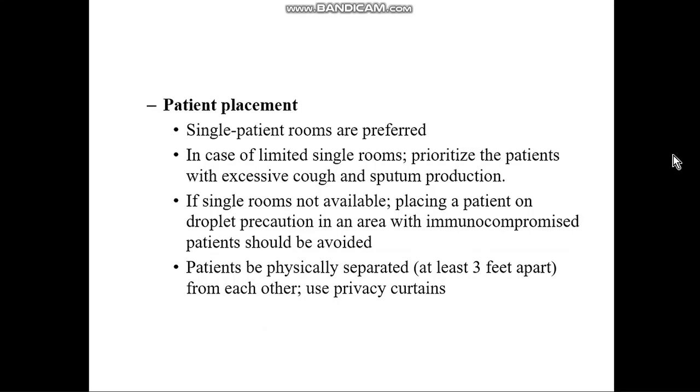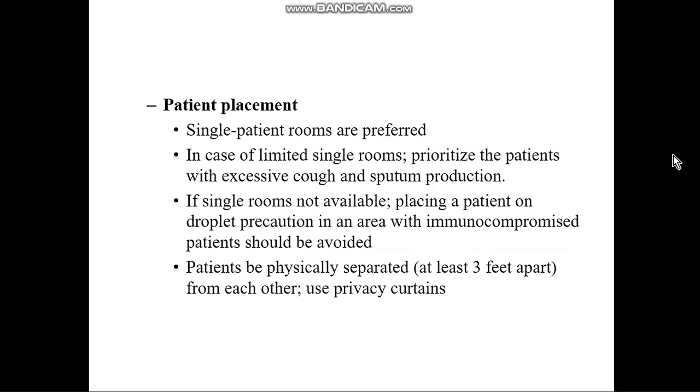Patient placement is very important in controlling droplet transmission of infections. So single patient rooms are preferred. In case of limited single rooms, prioritize the patients with excessive cough and sputum production. If single rooms are not available, placing a patient on droplet precautions in an area with immunocompromised patients should always be avoided.